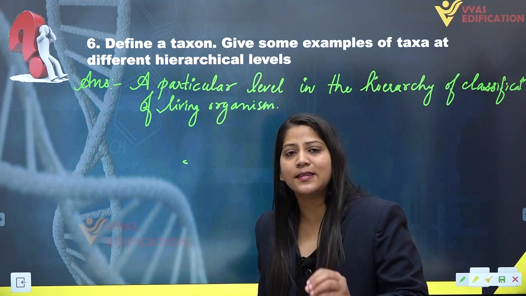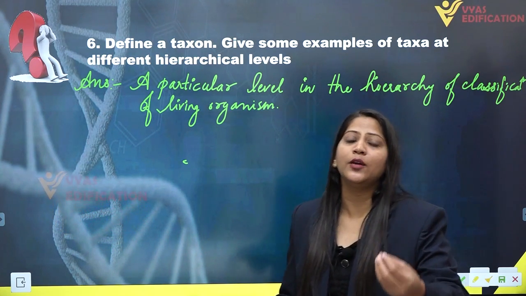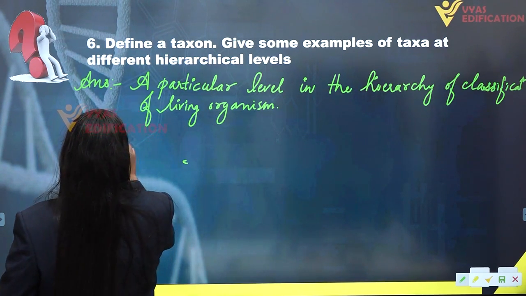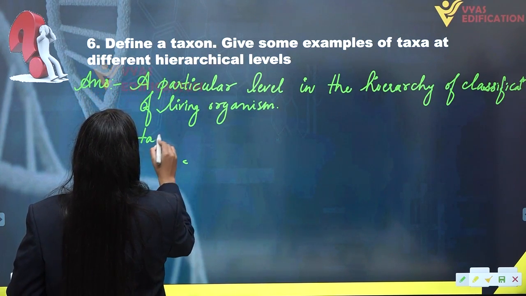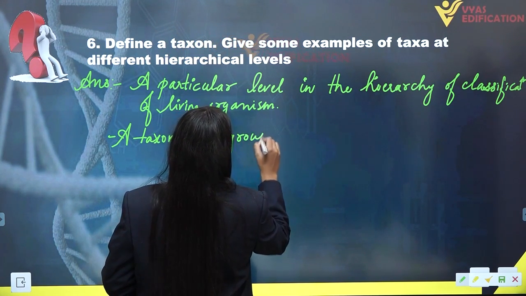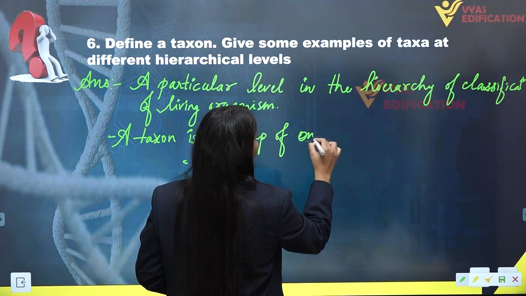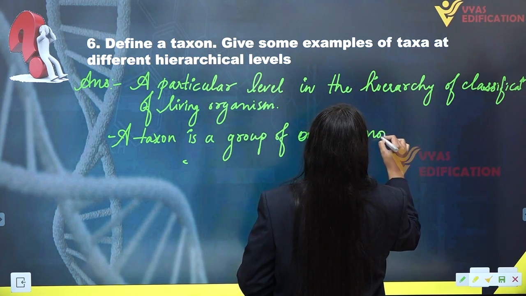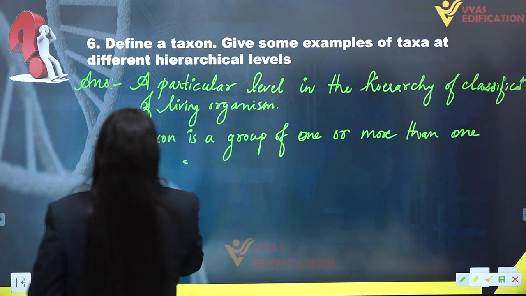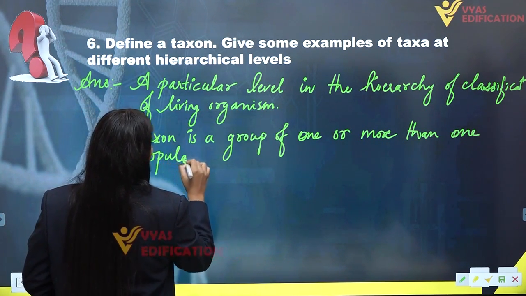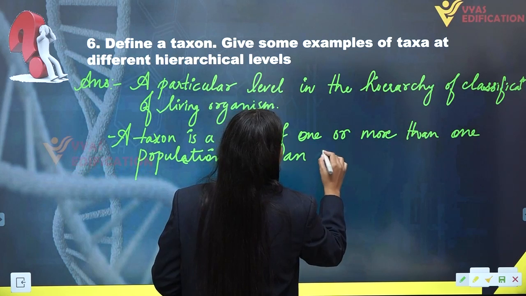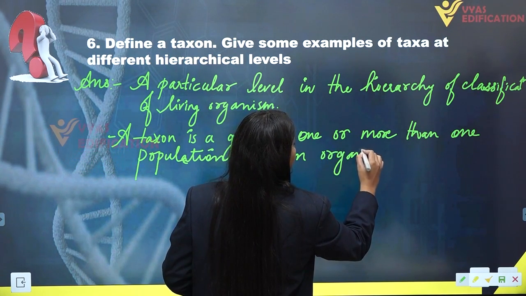So the correct definition would be like this: a taxon is a group of one or more than one population of an organism or individual, right?